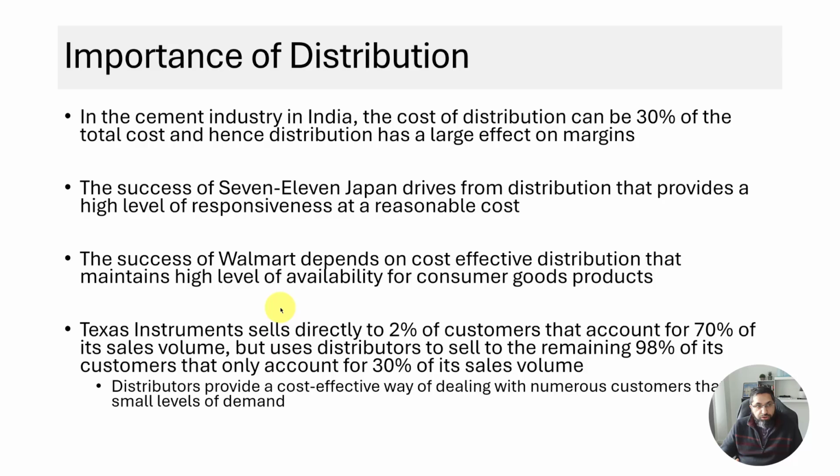For a distributor who's distributing thousands of products, it's much more cost-effective to have regional warehouses, their own distribution fleet, and so on. But for Texas Instruments, who only have a few products to sell, it's not as cost-efficient. So they use a distributor to service a large number of customers who order small quantities, and the large accounts they serve and distribute to themselves.